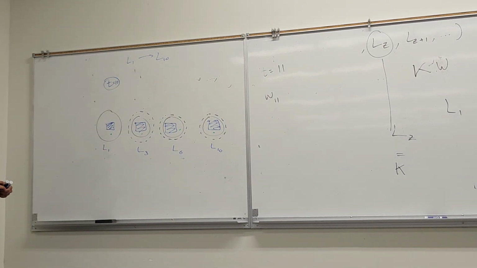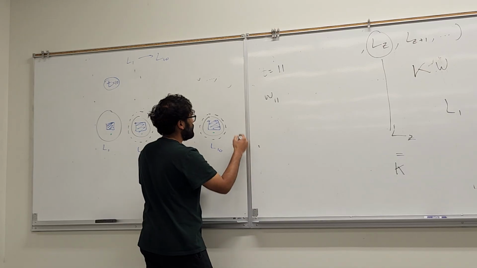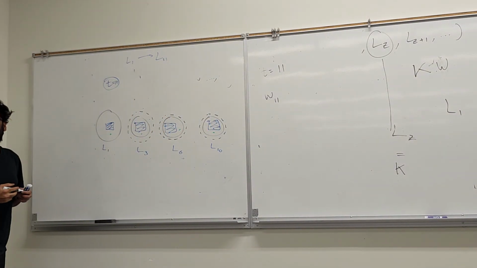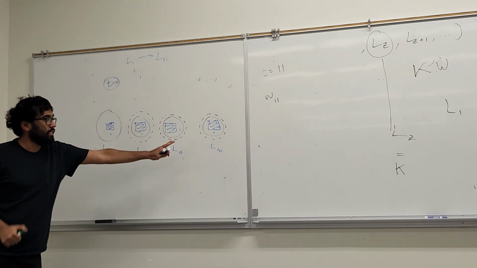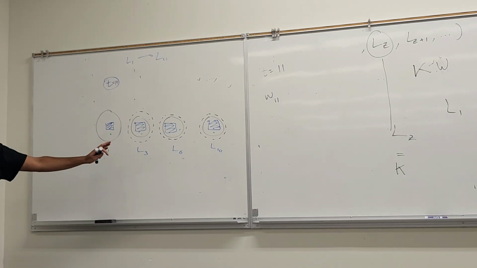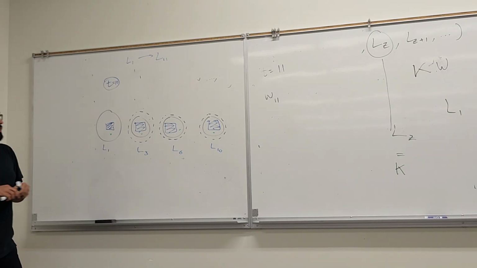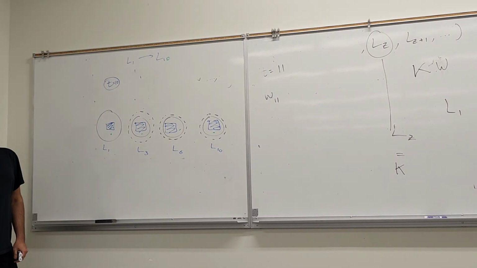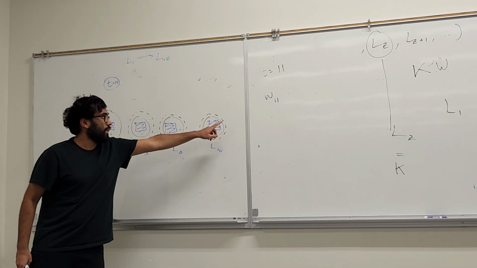Of course, I'll increase my languages under consideration from L1 to L11. Say at t equal to 11, this is my sequence. No, the sequence should be from the previous time step. At t equal to 11, I'll consider languages from L1 to LT minus 1. And I get my new point W11.